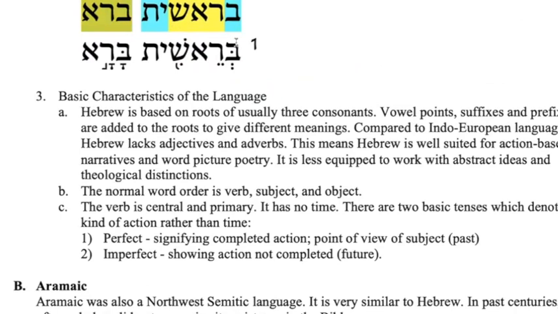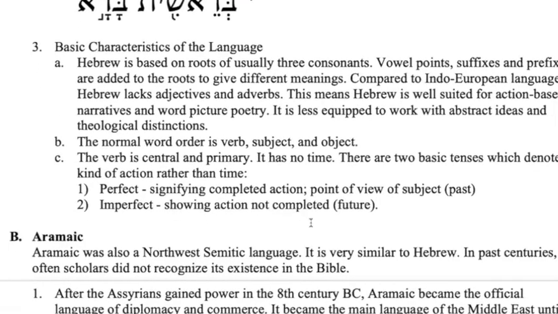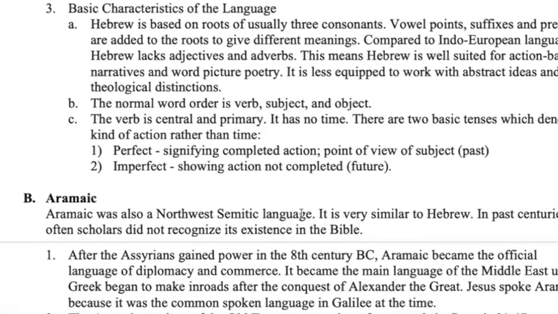If the verb is first, that means it's important. So when you study the Old Testament, always look at the verbs, the action words, because those are important. They were important to Hebrew people. And so they're important in our Bible study. So the verb is central and primary. It has no time. There are 2 basic tenses which denote kind of action.